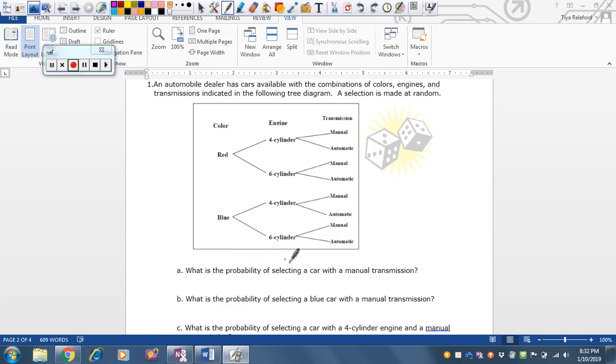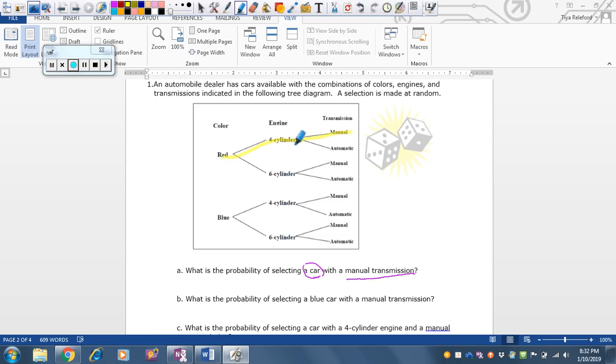Question A says, what is the probability of selecting a car with a manual transmission? Again, it doesn't even matter if you know what that is. So we are looking for a car with a manual transmission. How many manual transmission cars are there? Well, here's one.